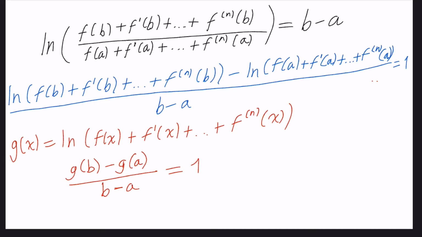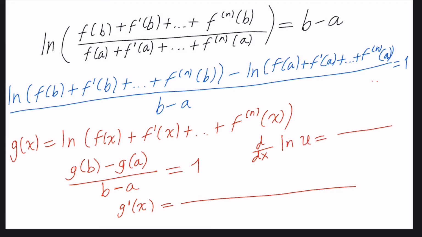But we know this by the mean value theorem. Why? Because if we find the derivative of g(x), remember that the derivative of the natural logarithm of u is u prime divided by u, where u prime is the derivative of the argument of the logarithm.